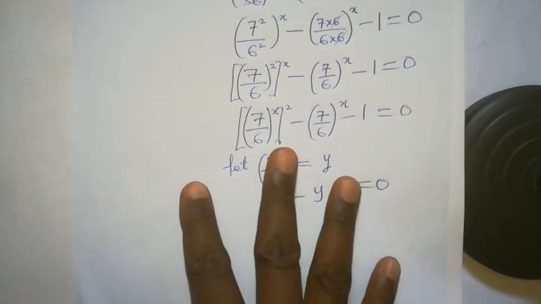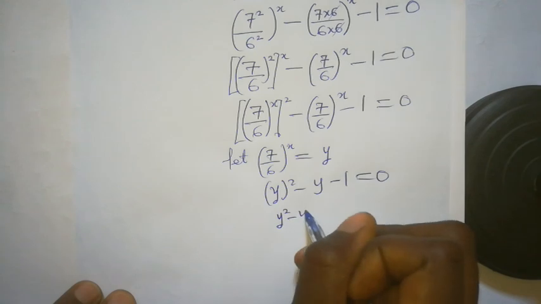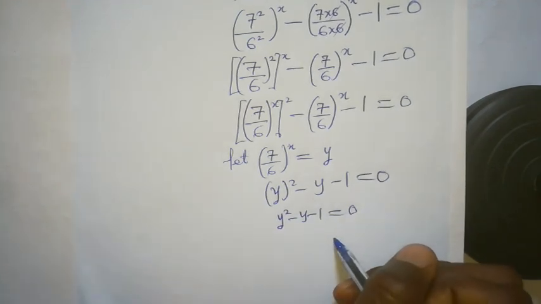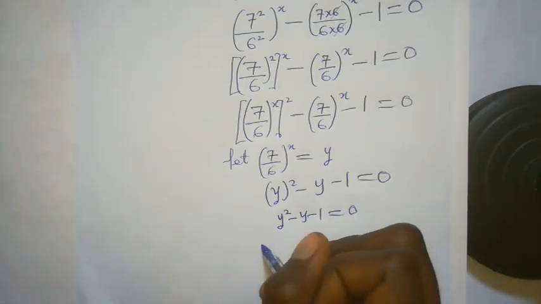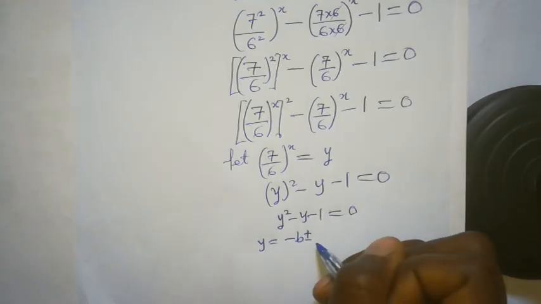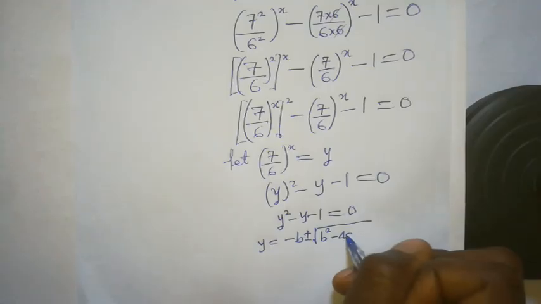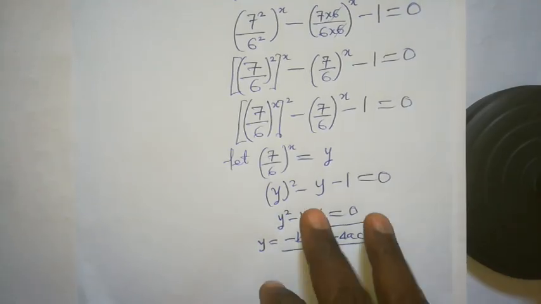So we now have y squared minus y minus 1 equals 0. This becomes a quadratic equation, so let's use the general formula, which says y equals minus b plus or minus the square root of b squared minus 4ac, all over 2a.